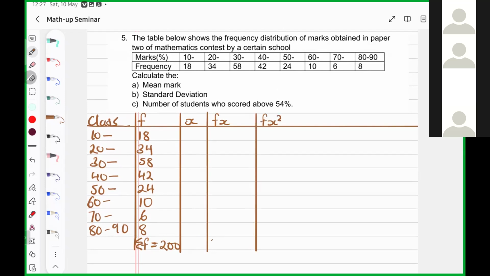We shall need the summation of f of x, then f of x squared. So we got 200 as the summation of f, then we have f of x. We shall need the cumulative frequency. I can use capital F to denote it. And then we also need the class boundaries.